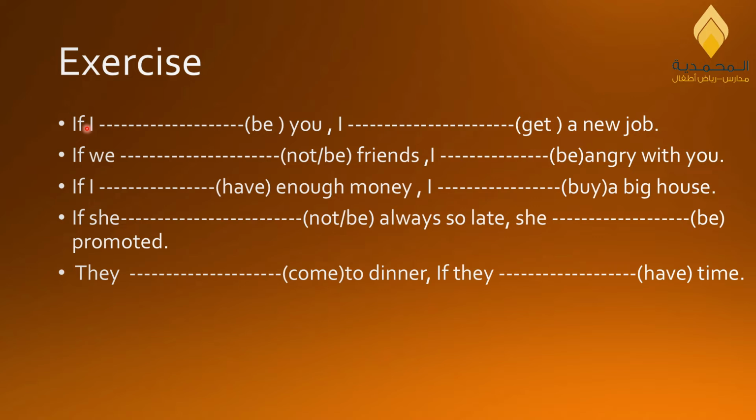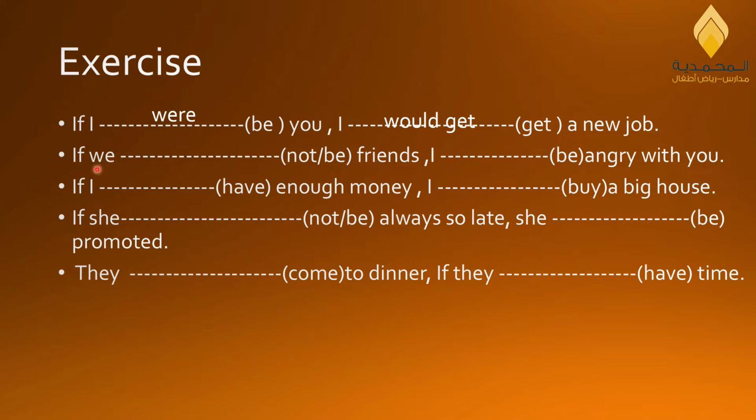What is the correct past simple form from the verb to be that shall go with I? Yes, I were. And we agreed since we use the verb two with the if clause, in this part we have now to use would plus the base form. So remember that the base form usually lies there in the brackets. You don't have to think of it a lot. So you have to say, I would get a new job.